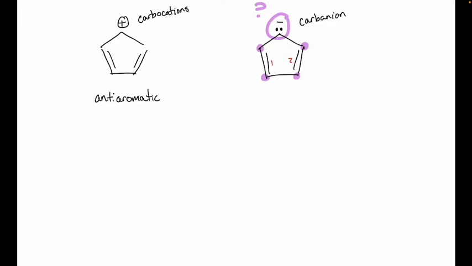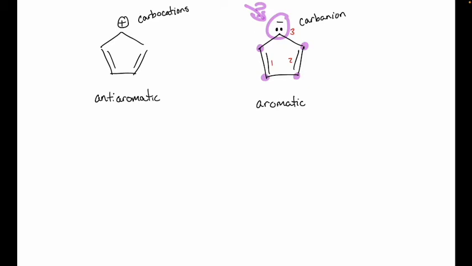If it included that lone pair there, that would take it up to 3 pairs. So is that good or bad? Good, right? Odd number is aromatic. So indeed, this would be an aromatic compound.